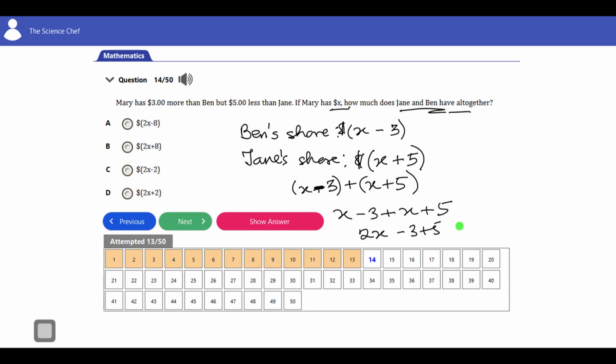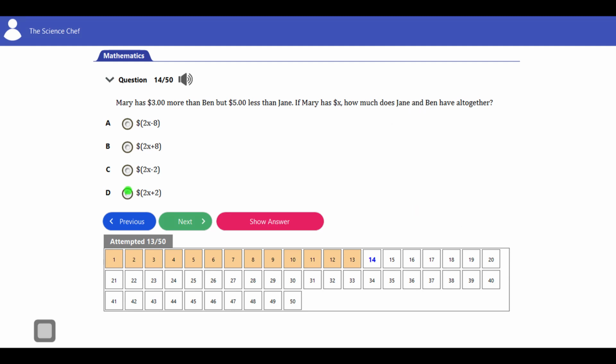Minus 3 plus 5 gives us plus 2. So that should be 2X plus 2 dollars, which is option D. Option D, 2X plus $2.